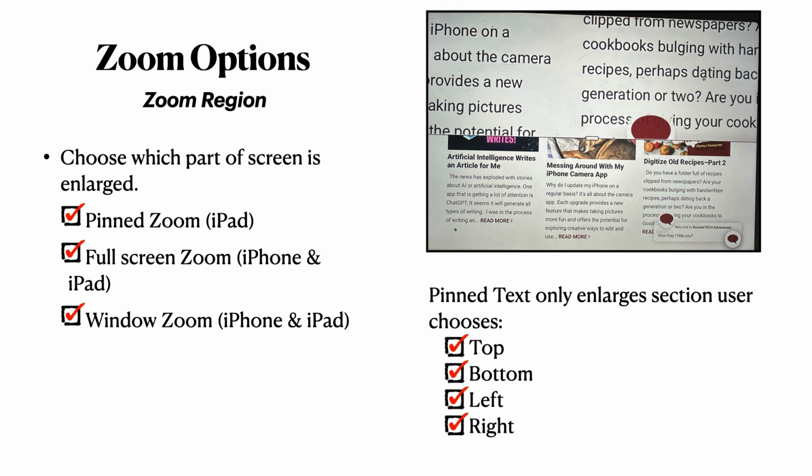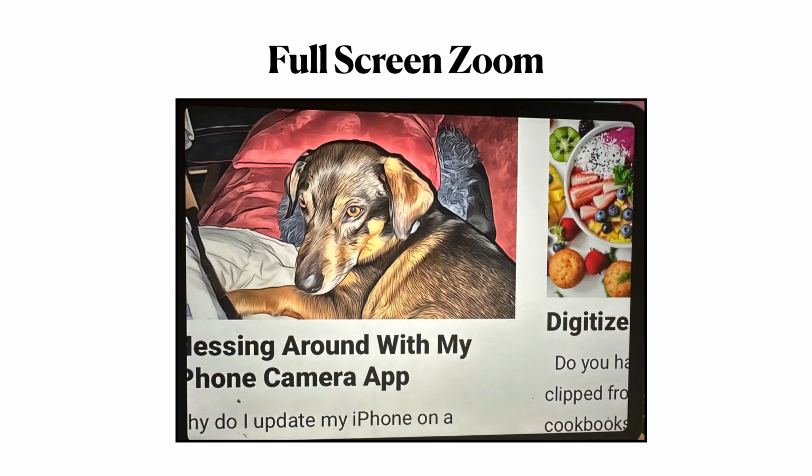You choose what part of the screen you want enlarged: the top, the bottom, the left, or the right. And here I have chosen the top. So again, something to play around with, to experiment and practice and see, when you're using your iPad, whether you like the pinned zoom or the other options.